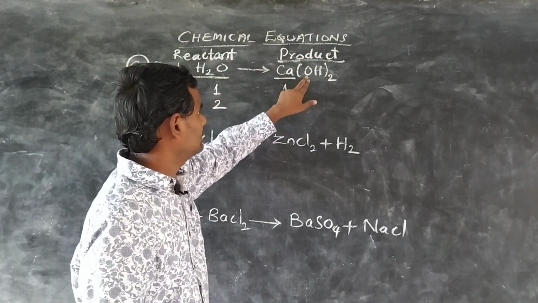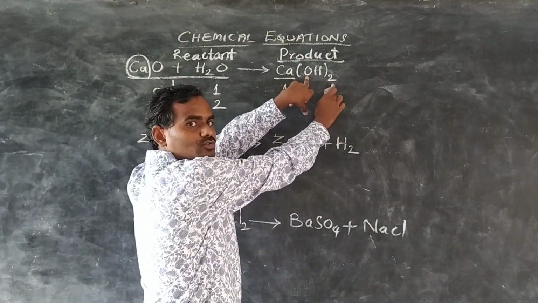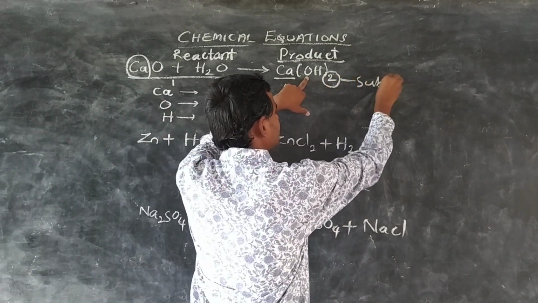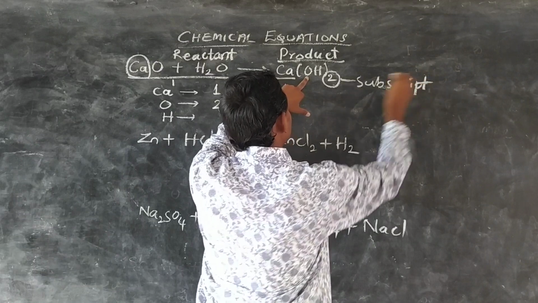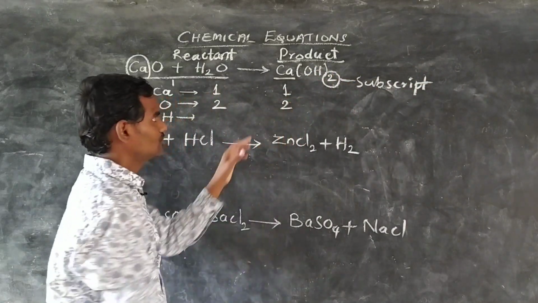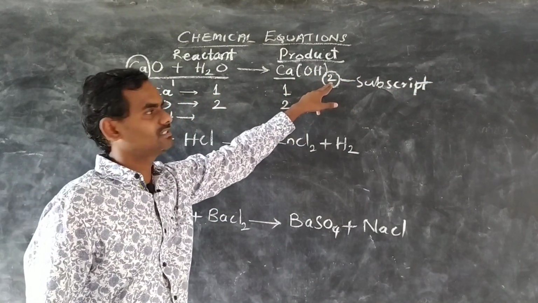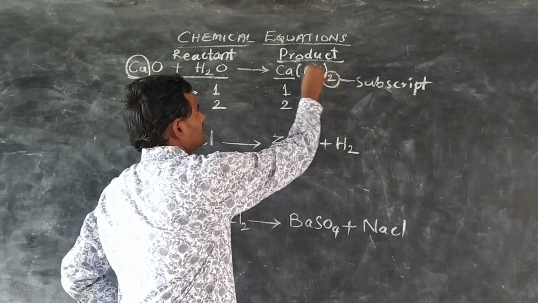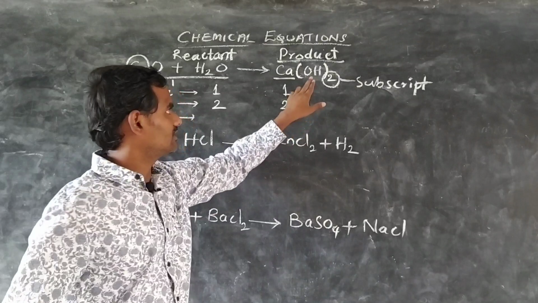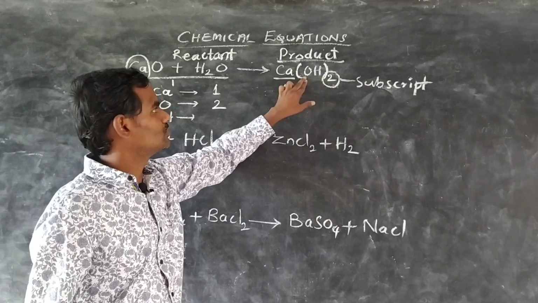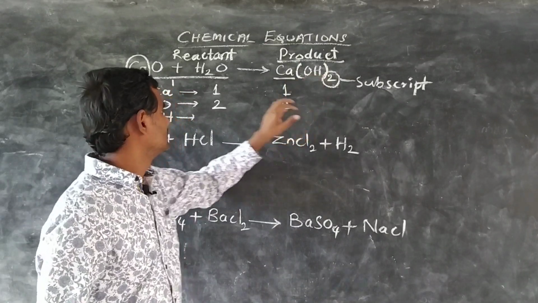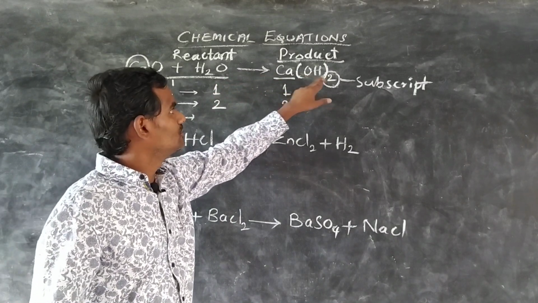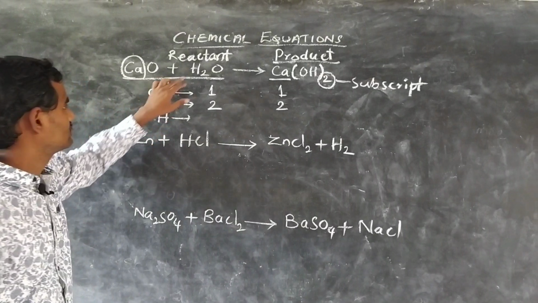On the product side, oxygen contains 2 as a subscript, so it contains 2 oxygens. Because this subscript is for both oxygen and hydrogen, because it is present in the bracket. So, it means 2 is for both oxygen and hydrogen. So, how many oxygen atoms are present on the product side? 2.